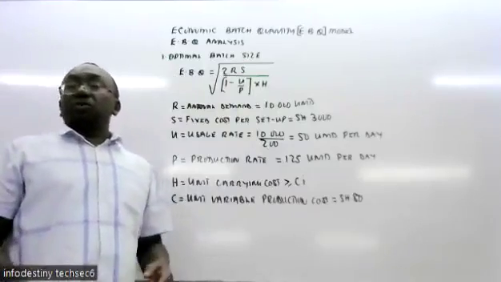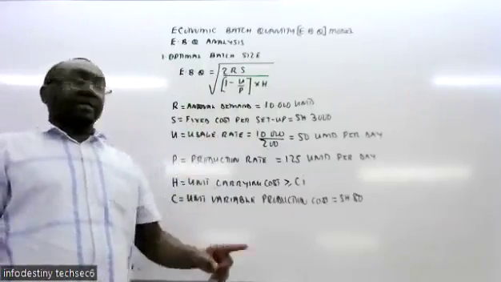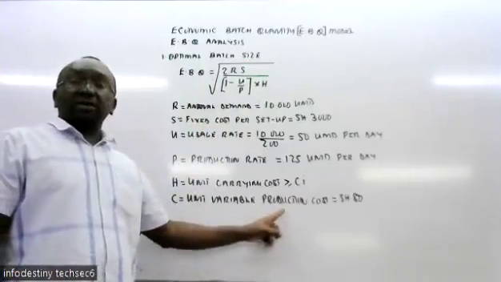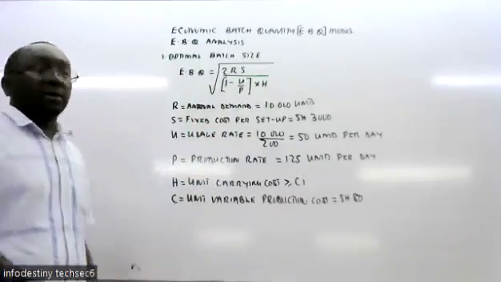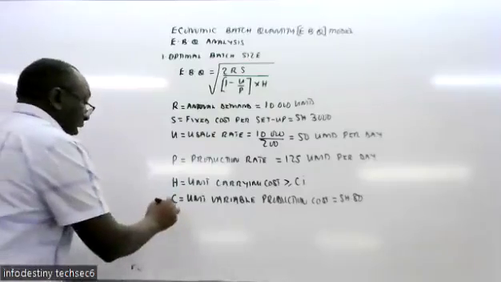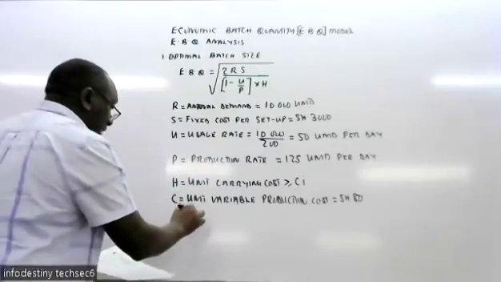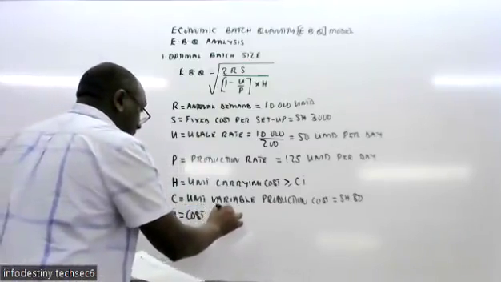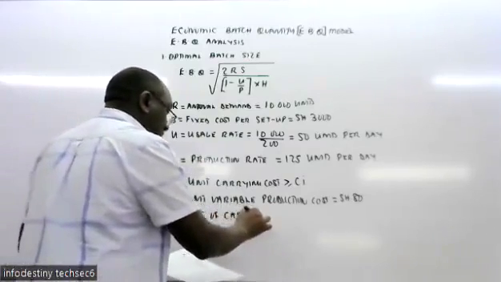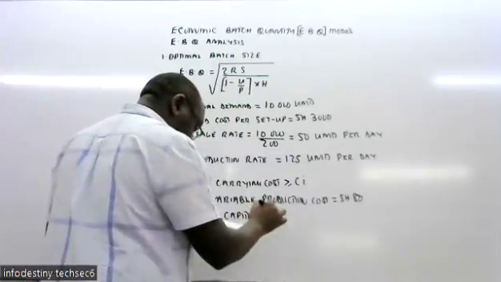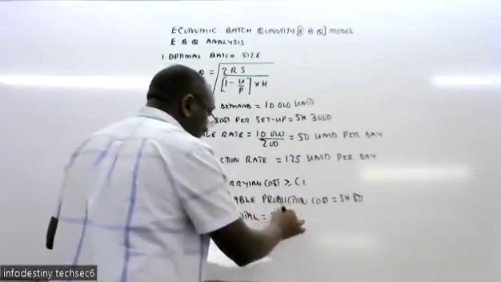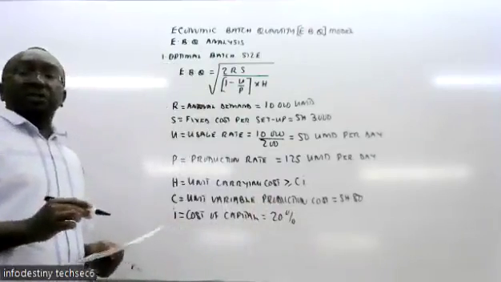Tukiwa kwa hiyo Q huwa tunaongea about purchase cost. Sasa hapa tunaongea about what? Production. Yeah. About production. I is cost of capital, that remains cost of capital. So cost of capital here, it is 20%.